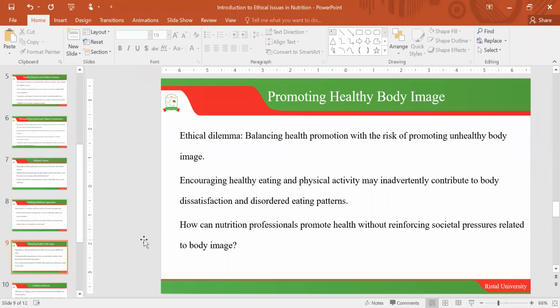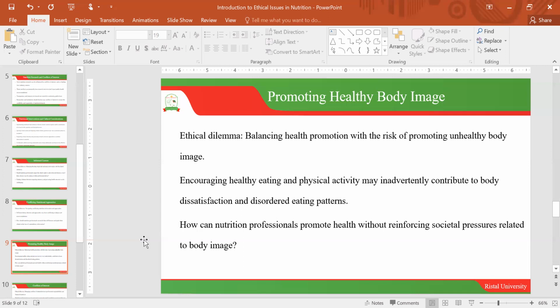it is quite difficult to handle a case of clients who are having issues with their body image. This is actually one of the mental disorders. Some people are not satisfied with how their bodies are.